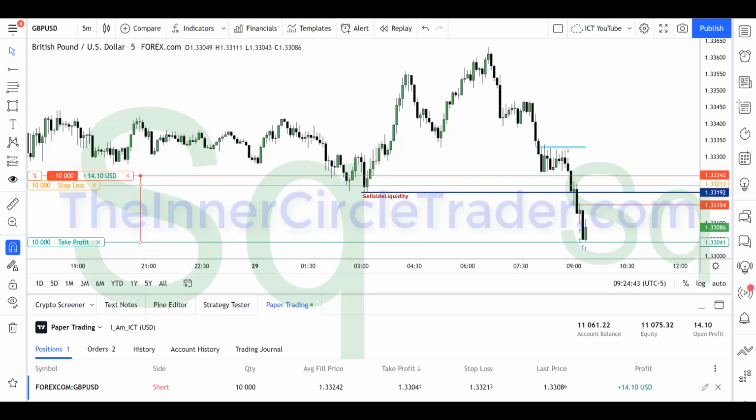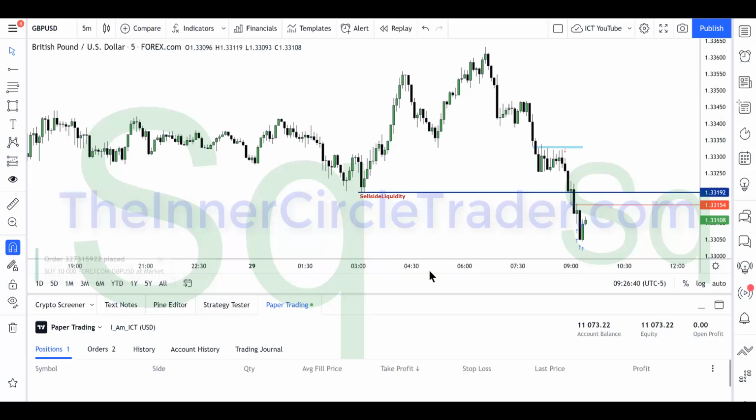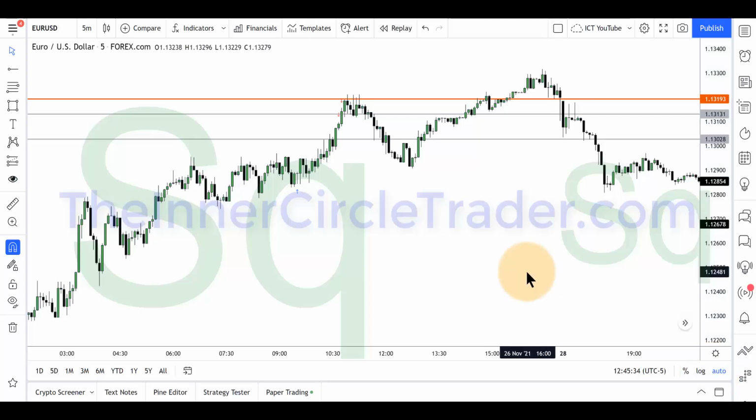And it may seem silly that only a mini lot would have this much effect, but when you start trading with live funds, you're going to be surprised how little that money is in terms of value, but it also has an immense amount of leverage over your psyche. So you just close the trade. Okay, we are looking at the euro dollar.